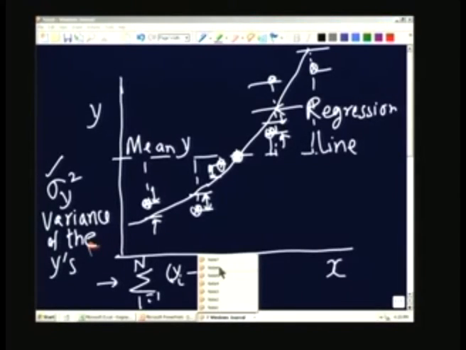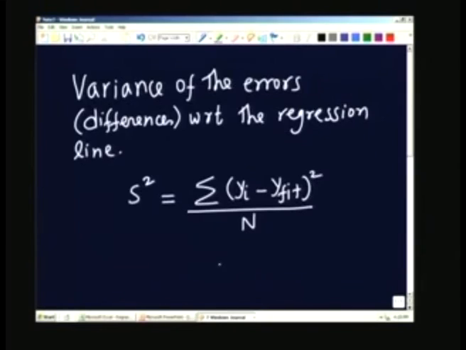The variance of the errors is given by this quantity. This is nothing but y_i minus y fit_i whole squared divided by n. At each point you must find out the y fit value corresponding to that value of x, take the square of all these errors, divide by n, and you get the variance of the errors.